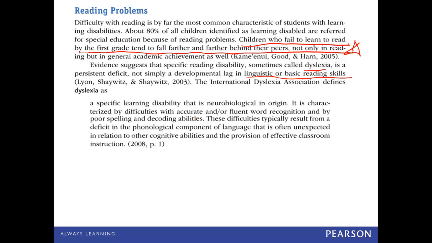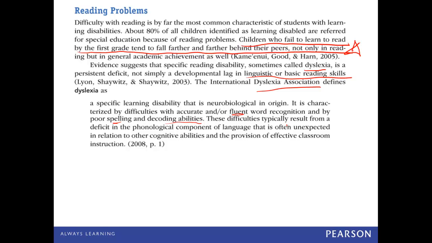And here's what the Dyslexia Association says. Specific learning disability that is neurobiological in origin. It is characterized by difficulties with accurate and/or fluent word recognition and by poor spelling and decoding abilities. Decoding means figuring out academic words or vocabulary words.